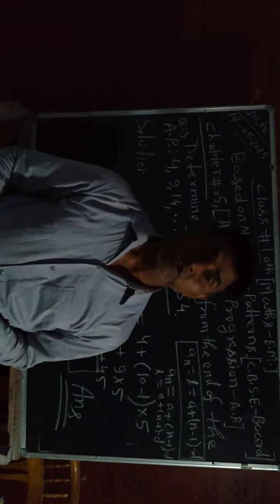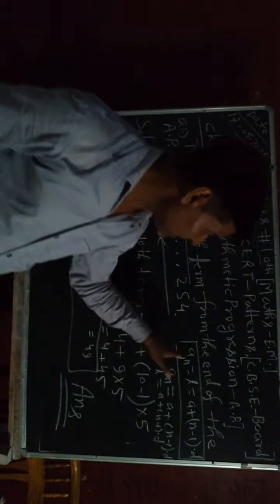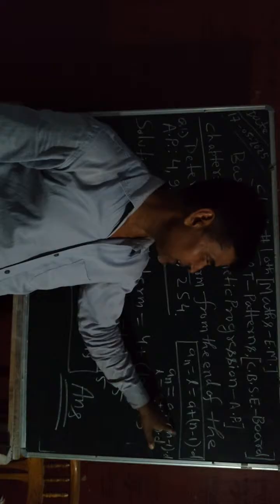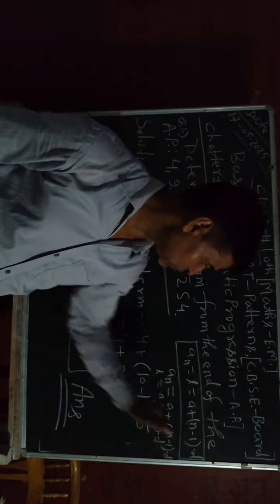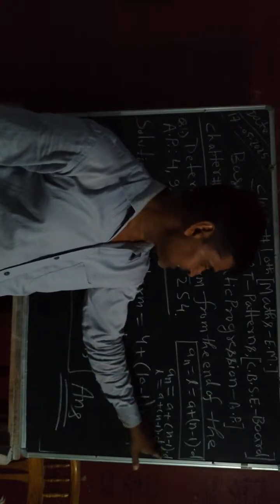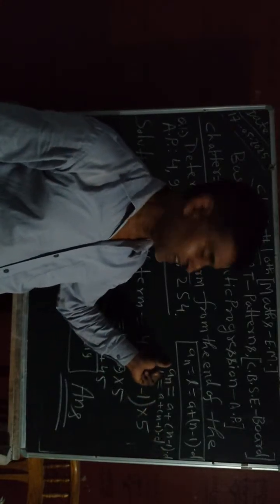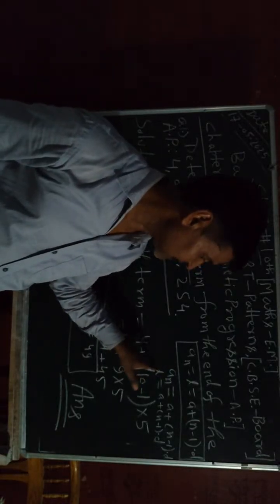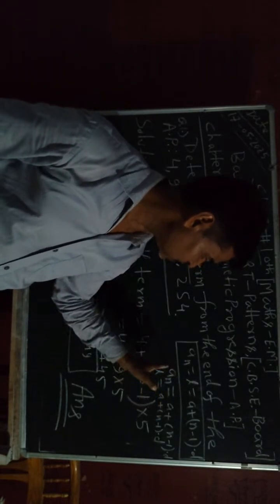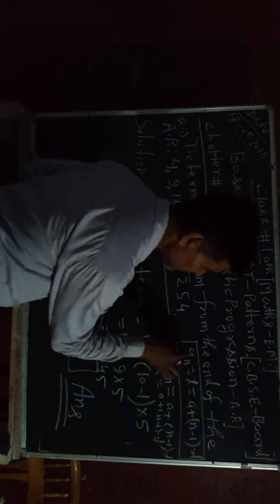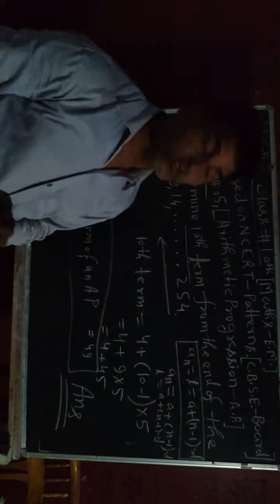The nth term I have already explained: a_n is equal to a plus, in the bracket, n minus 1 into d, where a is the first term, n is the number of terms, and d is the common difference. a_n is the nth term of that AP series. And L is the last term, and that last term is also called the nth term. Therefore here I have summarized a_n is equal to L. Okay student, so you remember it.